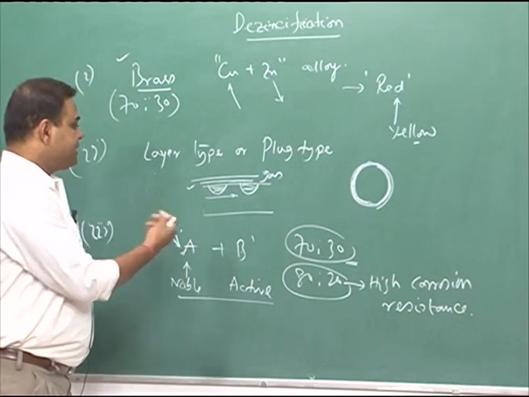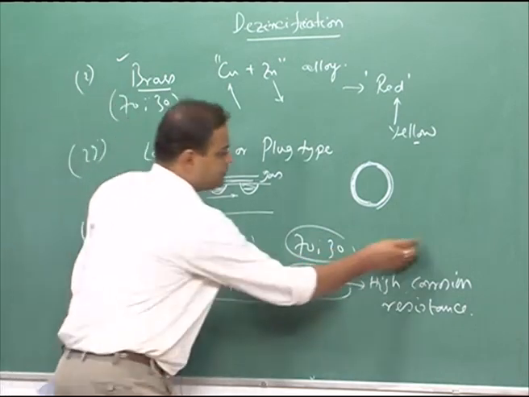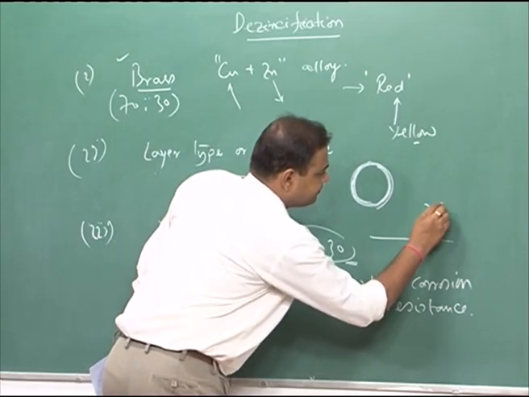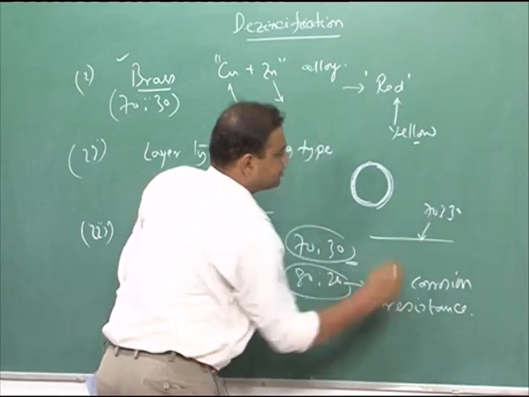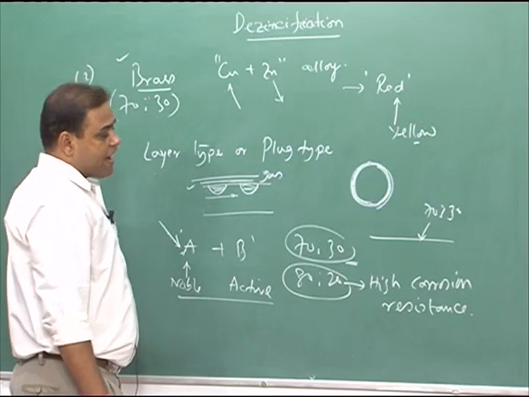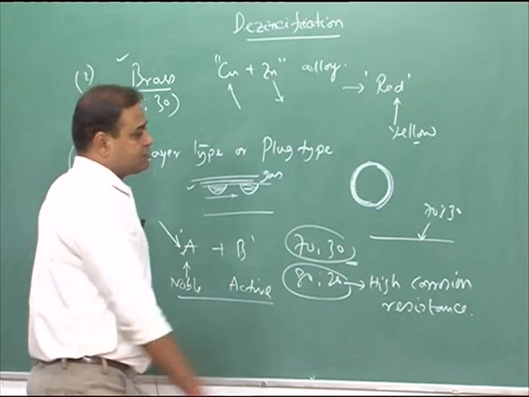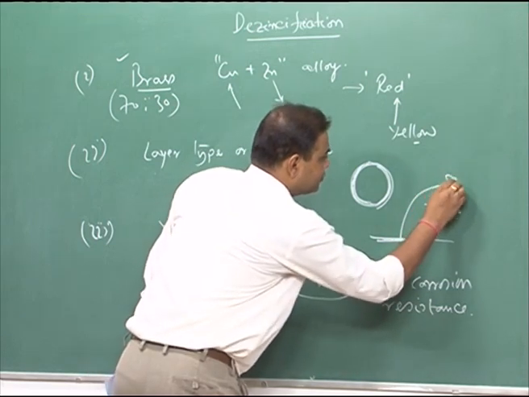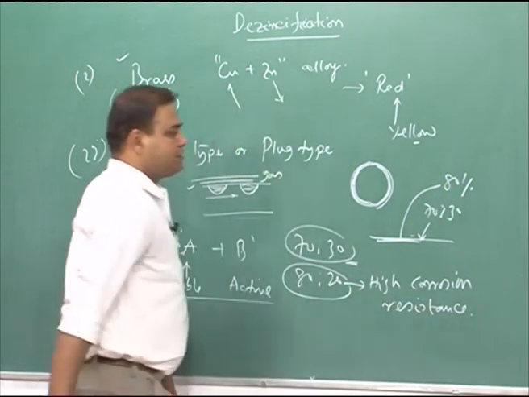So, now during de-zincification, the surface, initially 70-30 copper-zinc brass, after de-zincification becomes enriched with copper and the copper content goes up to, let us say, 80%.